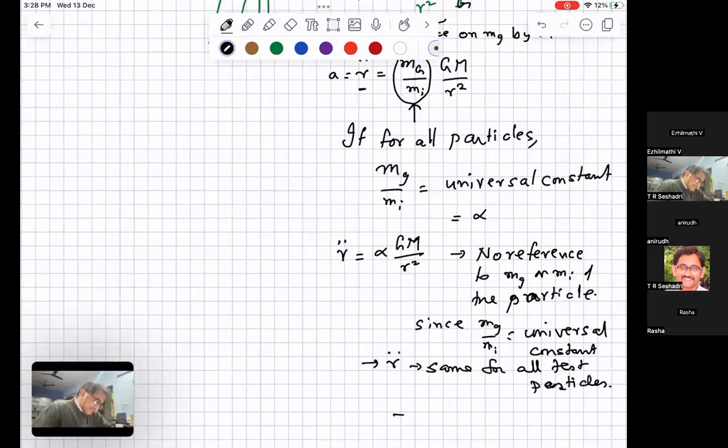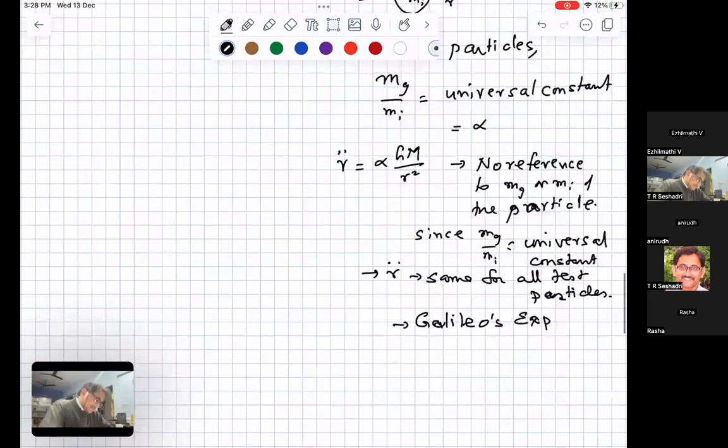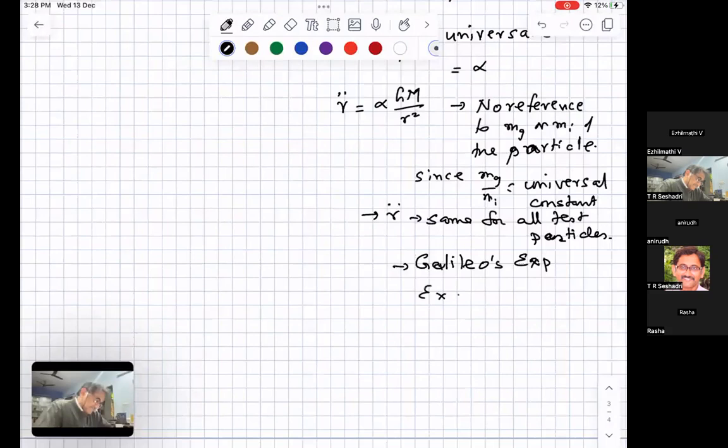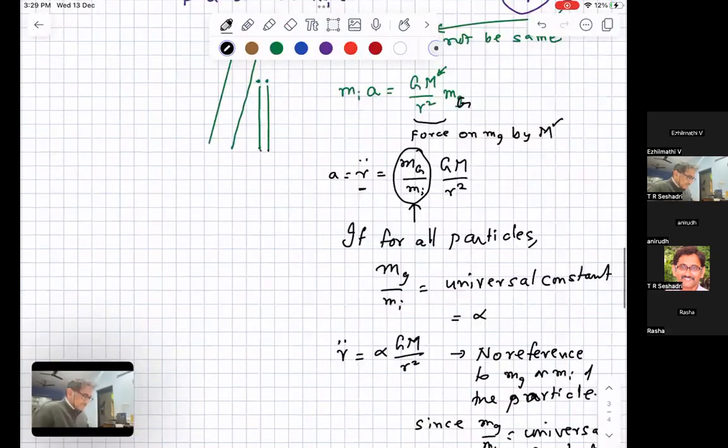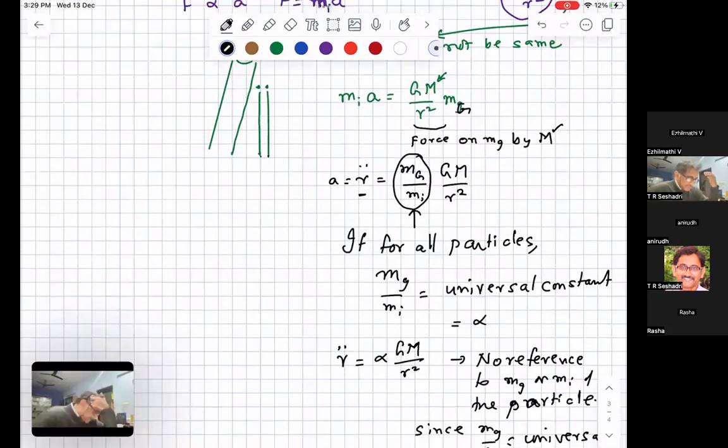And I can, hey, what is the spelling of Galileo? I don't know if it is correct. Galileo's experiment explained. Do you understand the chain of logic here? What it says is, if your mg by mi ratio is the same for all the objects in the universe, it means that for any object you take, this ratio will be the same.